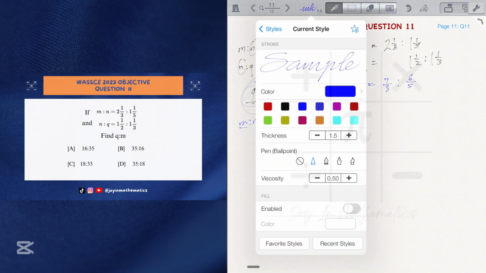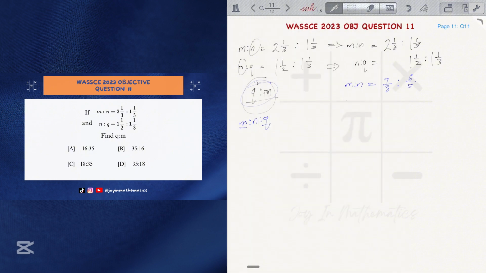Similarly, we have n ratio q. 1 1/2 is equivalent to 3 over 2, and 1 1/3 is equivalent to 4 over 3.